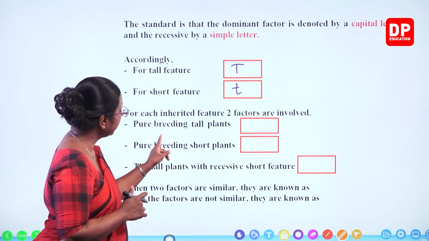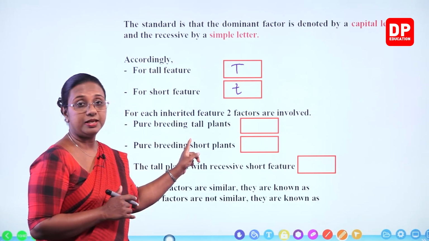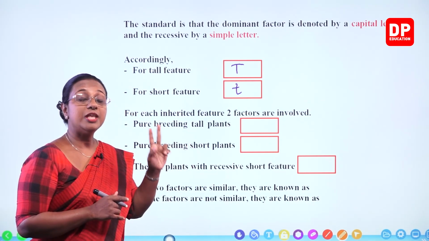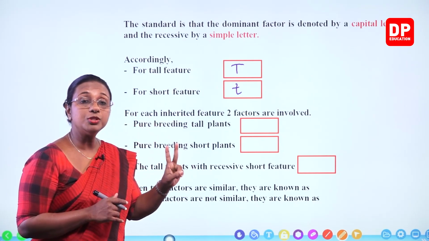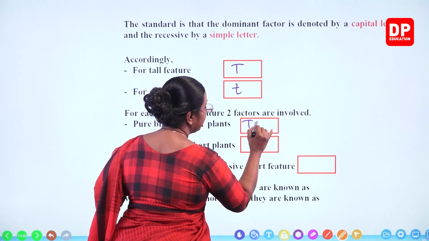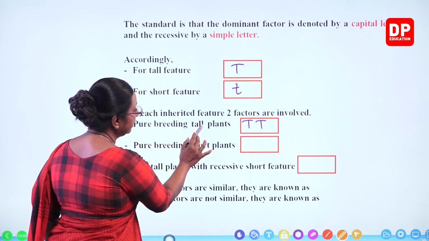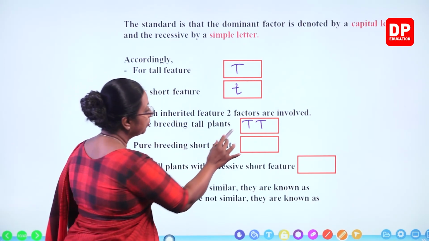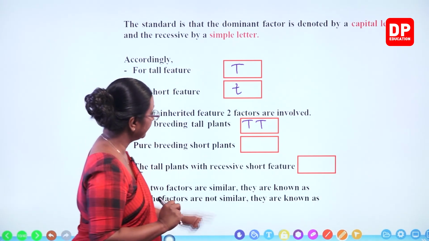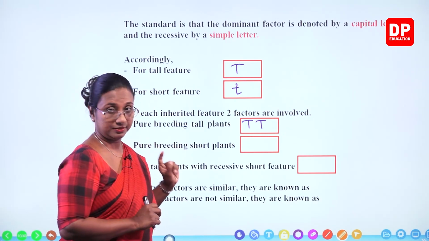So, here pure breeding tall plants, since it is a pure breed, both characters are tall characters. So, there you need to write both the factors, two factors. We will be writing it as capital T, capital T. Why pure breeding tall plants? So, both have to be tall characters. The two factors have to be the same tall factor.